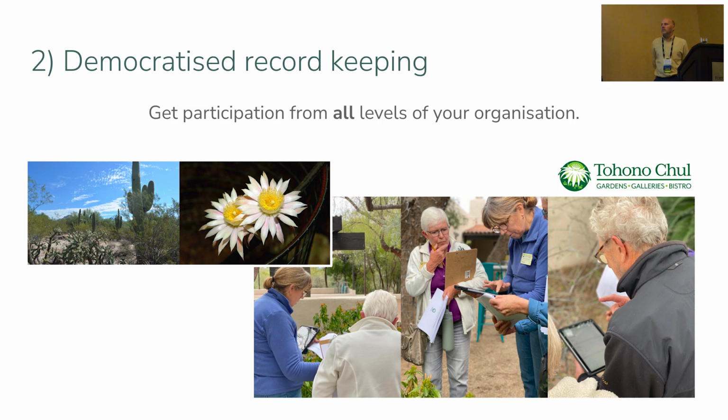They have some very important plant species of the region, like this night blue cactus, and a lot of other species that other gardens would be very interested in learning more about, as well as the visitors.